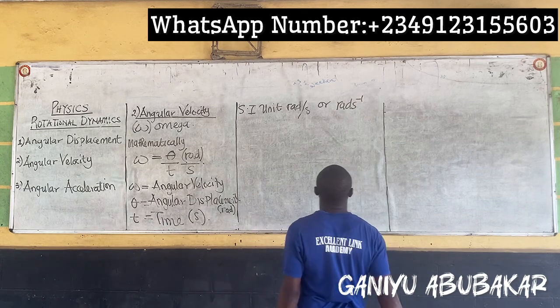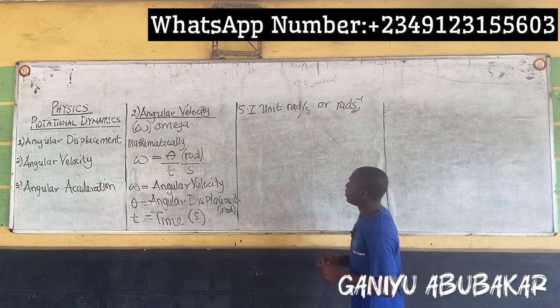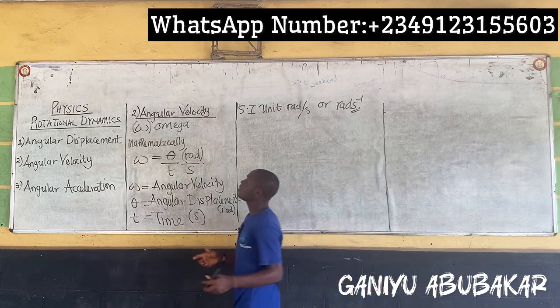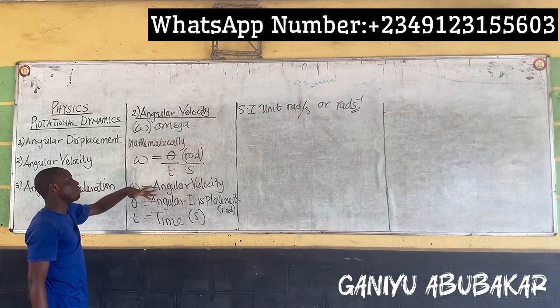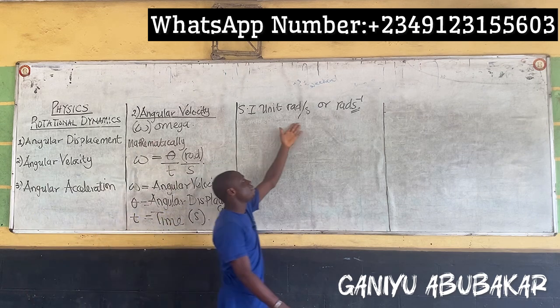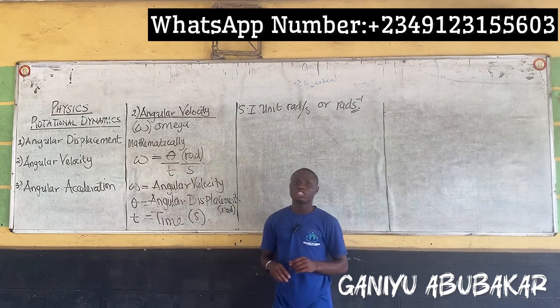So bear in mind that angular velocity is simply the ratio of angular displacement over time, and it's measured in rad per second. This becomes the concept behind angular velocity.